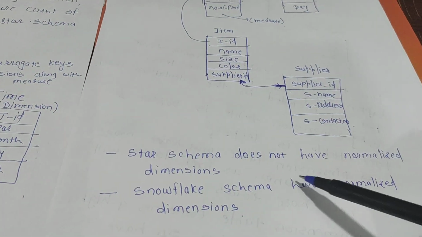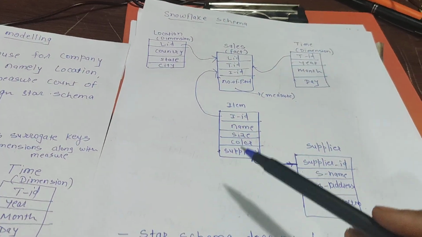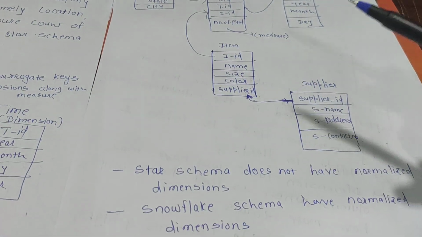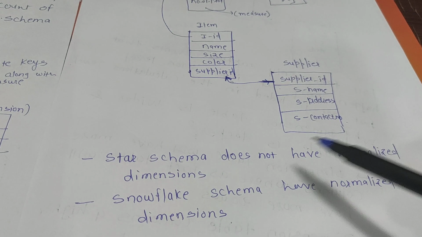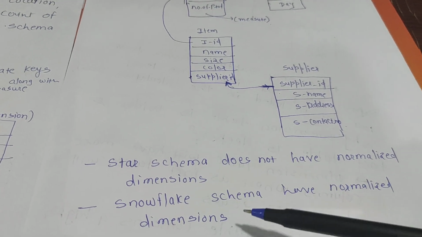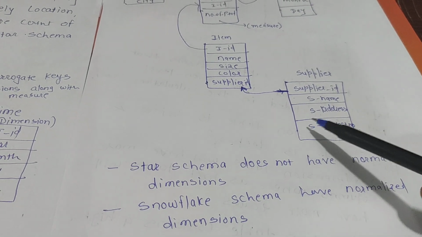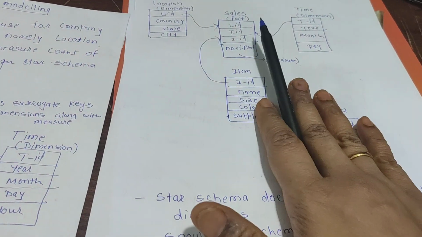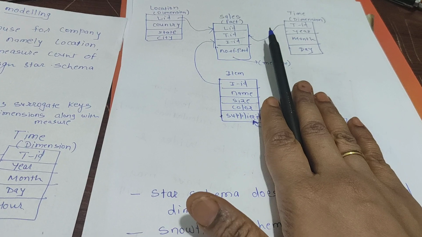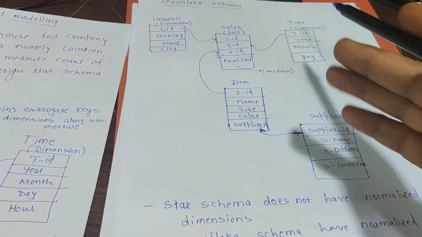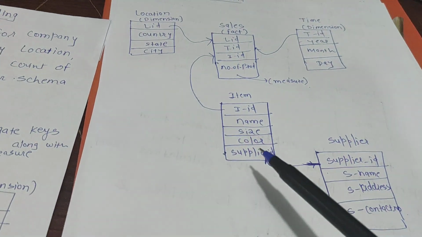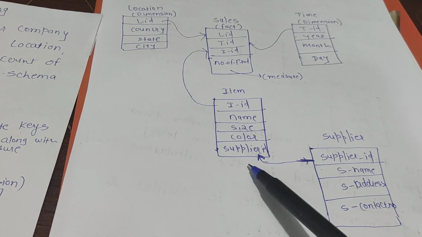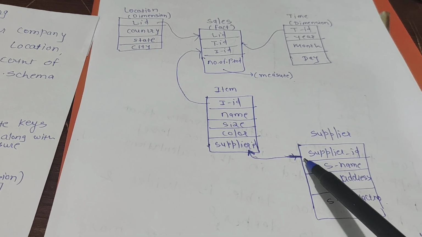So what is the difference between star schema and snowflake schema? Star schema does not have normalized dimensions, snowflake schema has normalized dimensions. So in star schema we don't have other dimensions connected to a dimension, but in snowflake schema we have dimensions which are connected to dimensions.